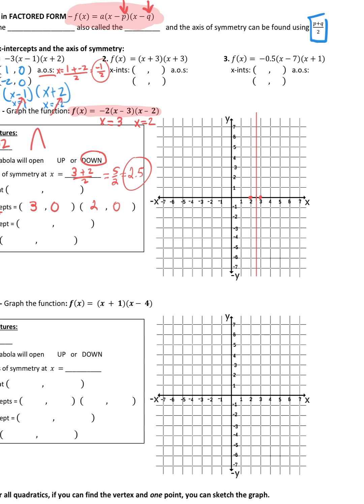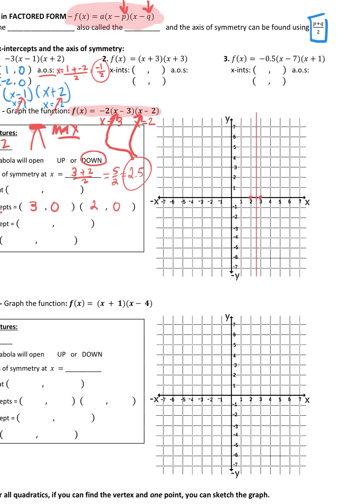The vertex will be the highest point in this graph because it's a downward facing, upside down U. We're going to find the highest point, the maximum of that downward facing U. And so this is how we do it. Put the 2.5 in for x.